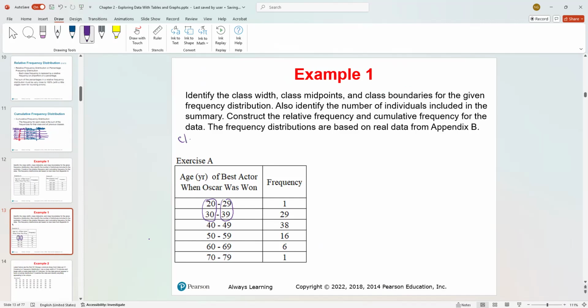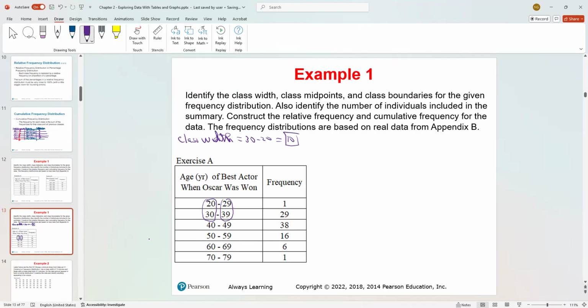So class width in this case would be what? Yes. So we have 30 minus 20, which is 10. So we know the class width would be 10. Because we covered that already, hoping you see what it is.